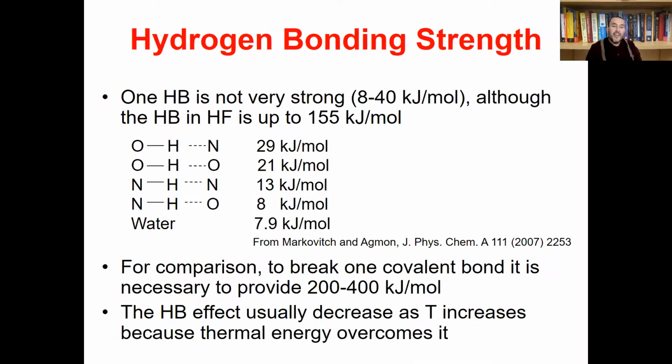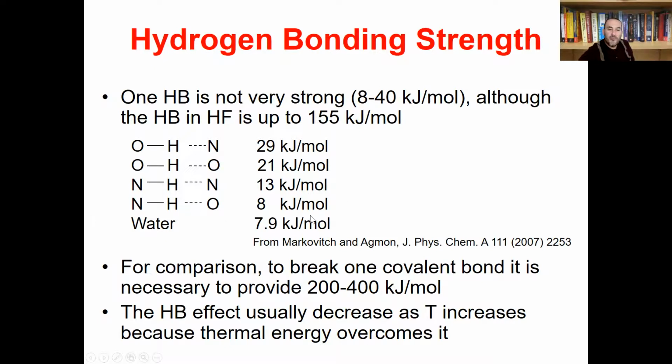Hydrogen bonding is much stronger than the dispersion forces, but again, significantly lower than covalent bonds. Although, for instance, in HF, the hydrogen bonding is up to 155 kilojoule per mole, in other individual molecules they range between 8 to 40.